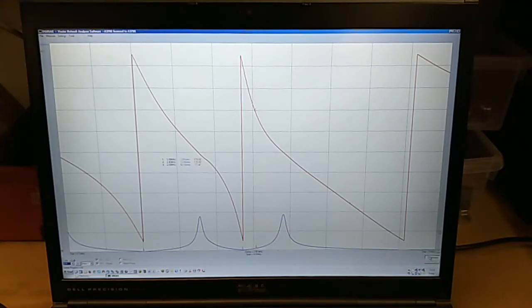Now there is an optimum point, because the disadvantage of reducing the capacitance is that there's less energy stored per cycle. So there is a balance between the amount of energy stored on the tank capacitor and the resonant frequency that the tank circuit presents in relation to the resonant circuit of the secondary coil.